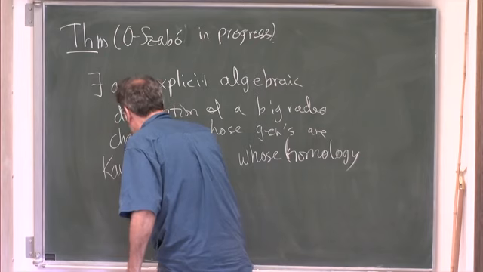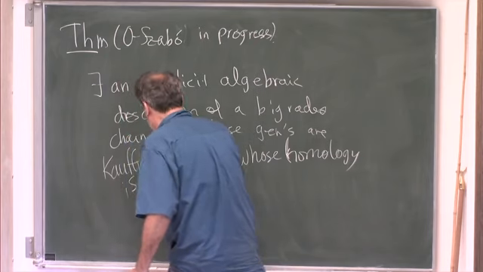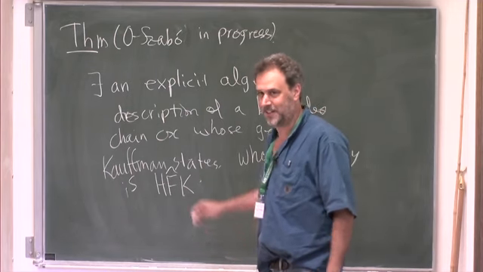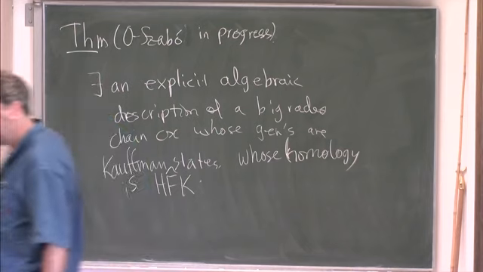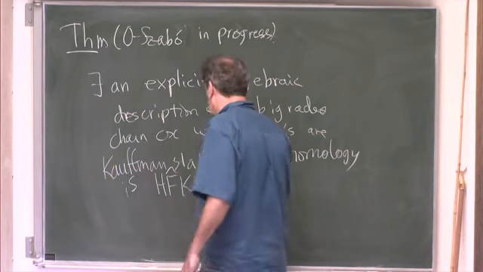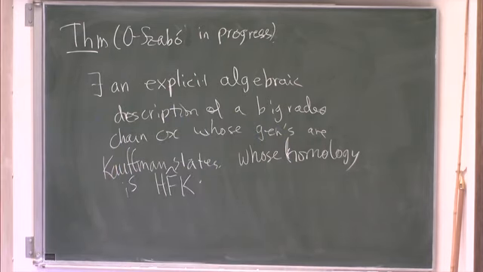Is HFK hat. Thank you, as someone in the audience pointed out, there are 2 papers where we describe such an explicit complex whose homology is a knot invariant, but in progress is this identification with holomorphic geometry, which I would like to discuss.